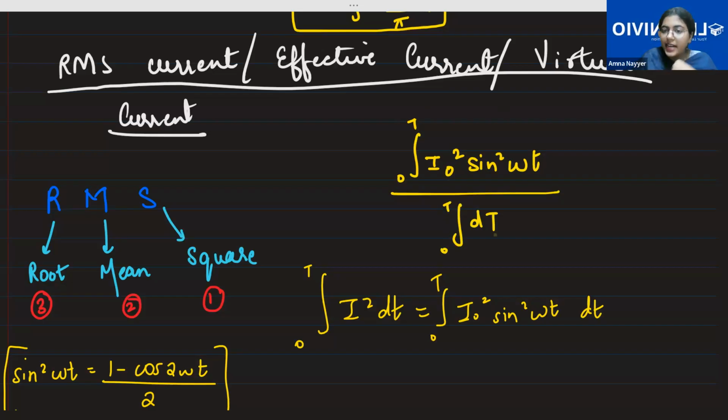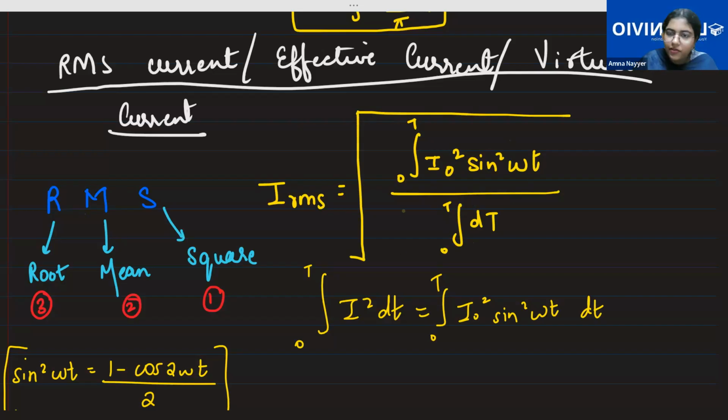The quantity divided by the time, but everything is getting integrated. So I'll have to put integration in both the terms. And finally, it says root. So a root sign all over, IRMS is equal to this. We have to derive this. We have to simplify this further. But tell me one thing. Is this step clear, or you want me to repeat any point? Clear? Yes, ma'am. Okay. All right.